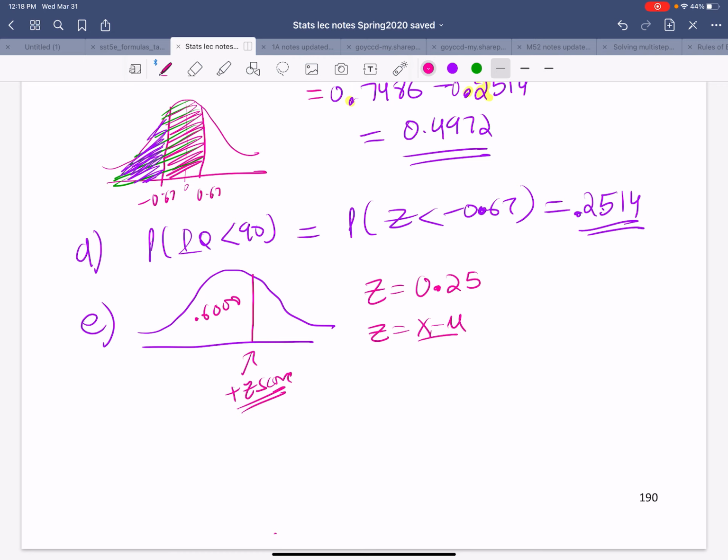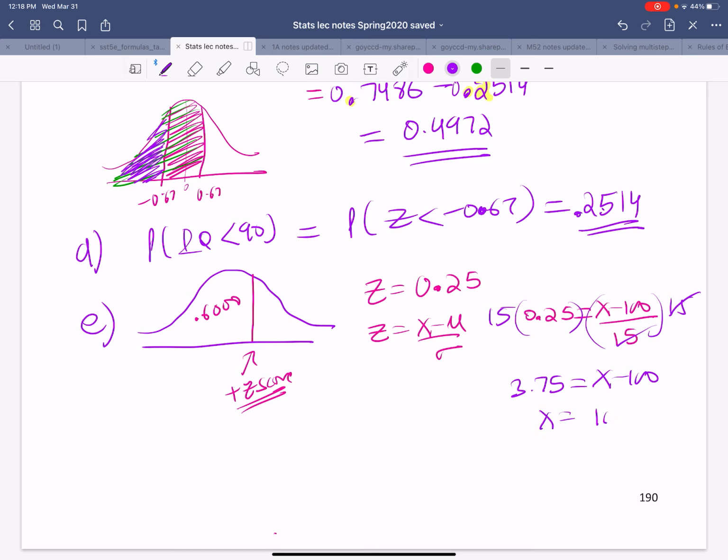So z is x minus mu over sigma, which is 0.25 equals x minus 100 over 15. Go ahead and solve this equation. We're going to multiply both sides by 15 to solve it. That's the first step. 15 times 0.25 is 3.75. 3.75 is x minus 100, and then I add 100 to both sides, so that would be 103.75.